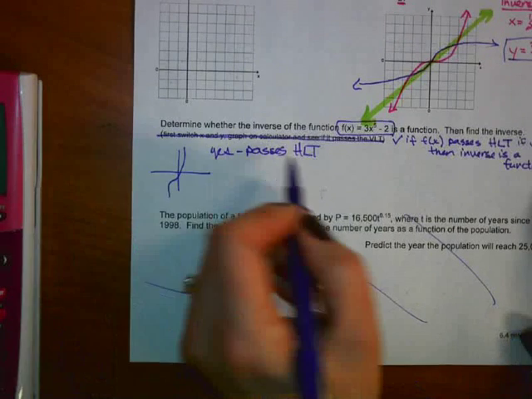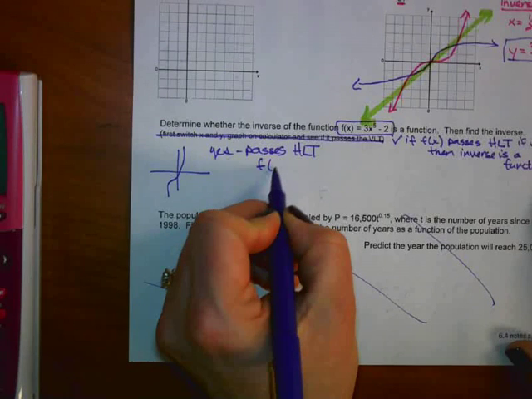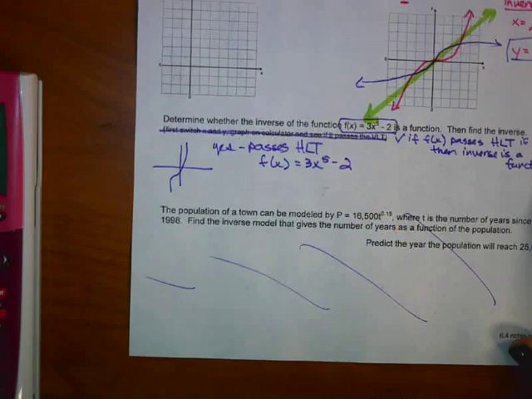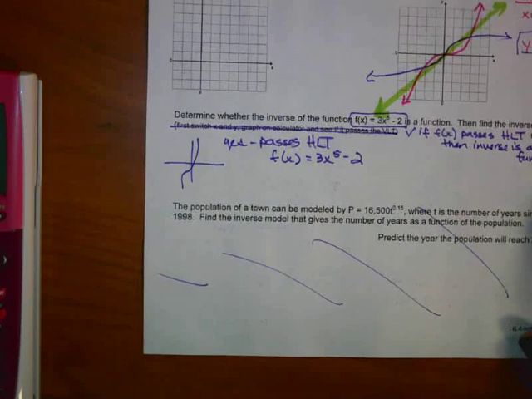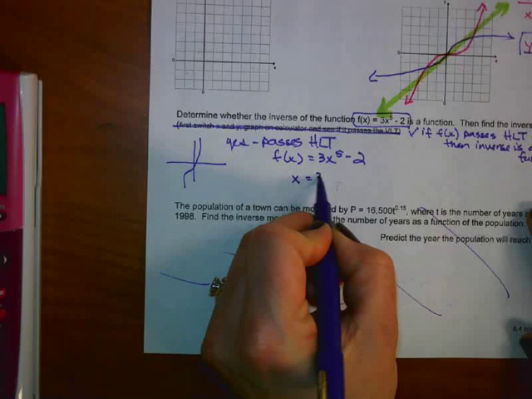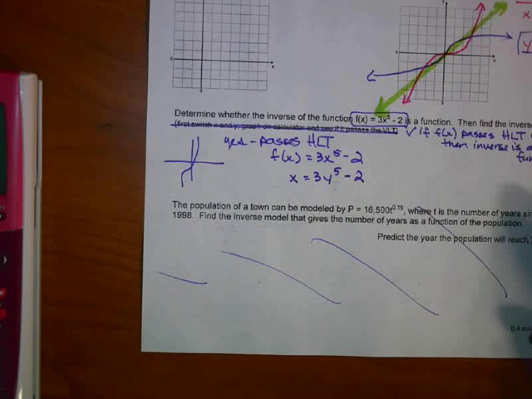Okay? So yes, it passes the HLT, so I have to find the inverse of f of x. Okay? So I'm going to switch x and y, and then solve for y to get my inverse.